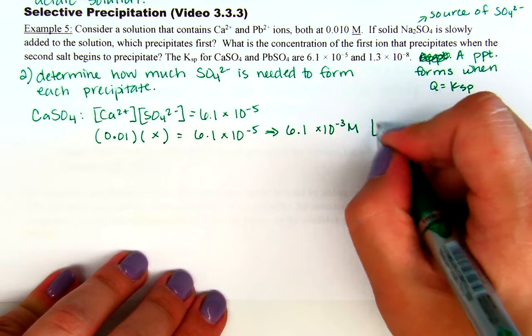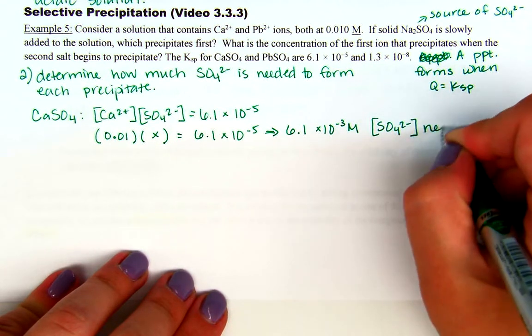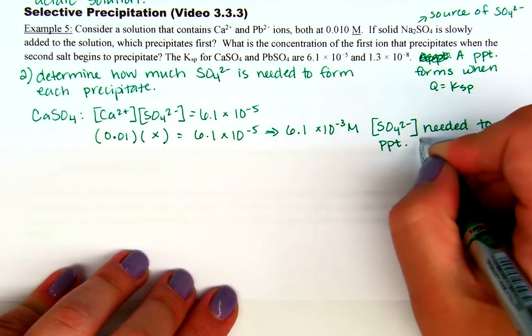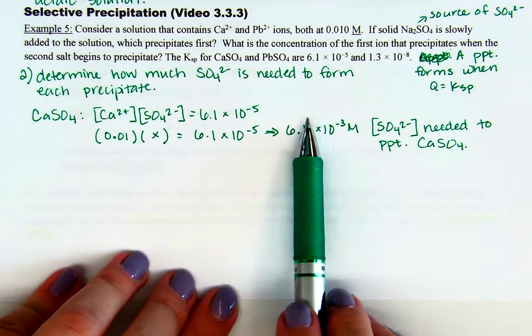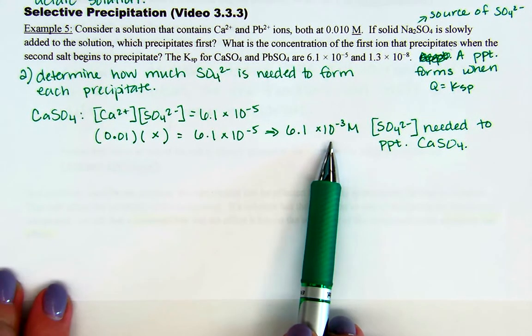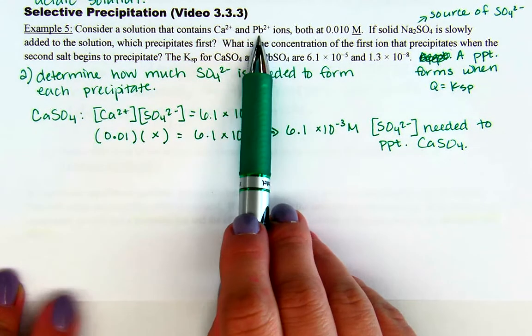So that's the concentration of sulfate needed to precipitate calcium sulfate. Once you hit this concentration of sulfate in solution, you would start getting calcium sulfate precipitate on the bottom of the beaker.